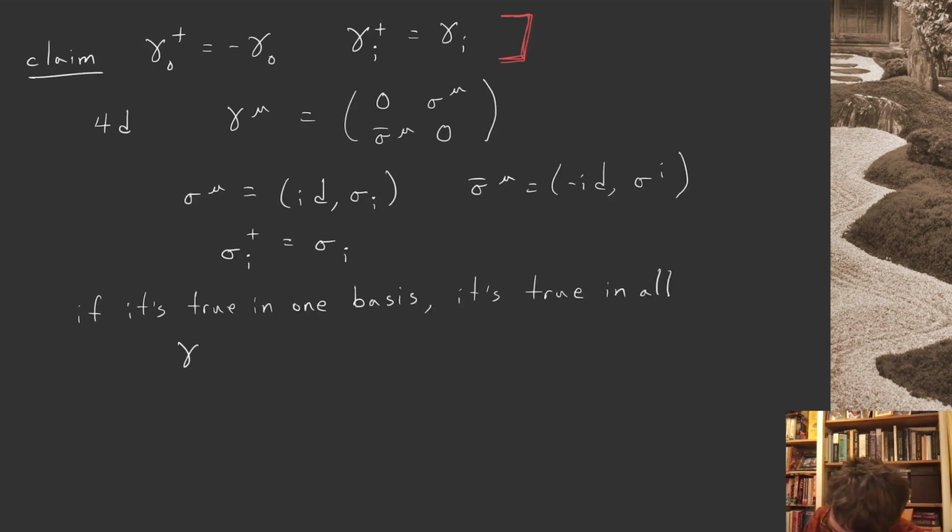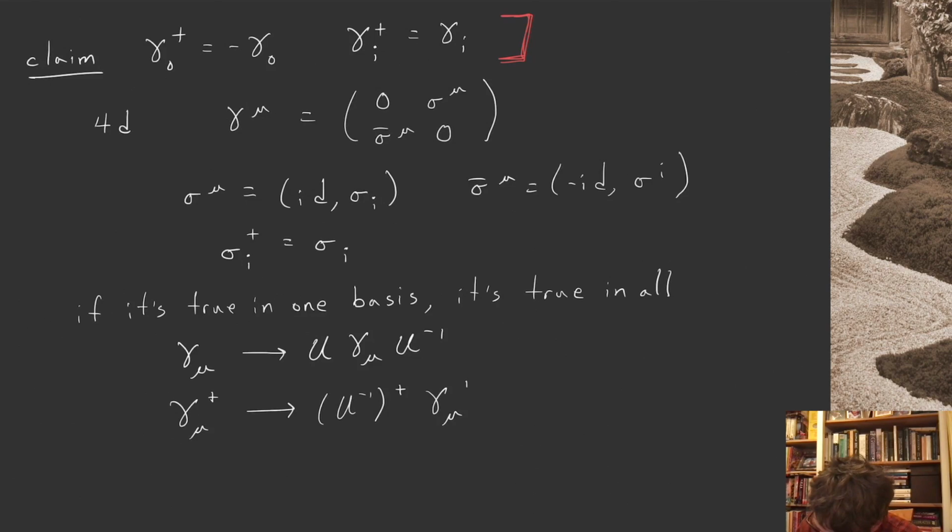Well, how do we change the basis? We take some unitary matrix and conjugate the gamma matrix with it. So we send gamma mu to U gamma mu U inverse. That implies the Hermitian conjugate gets sent to U inverse Hermitian conjugate, gamma mu Hermitian conjugate, U Hermitian conjugate.